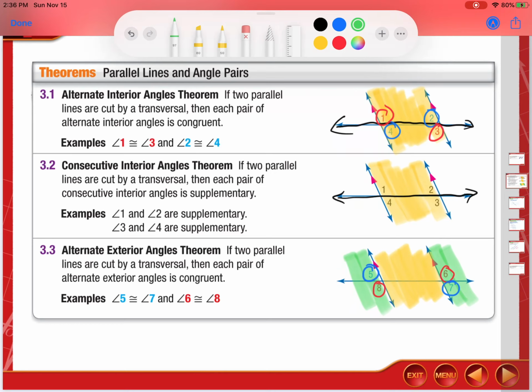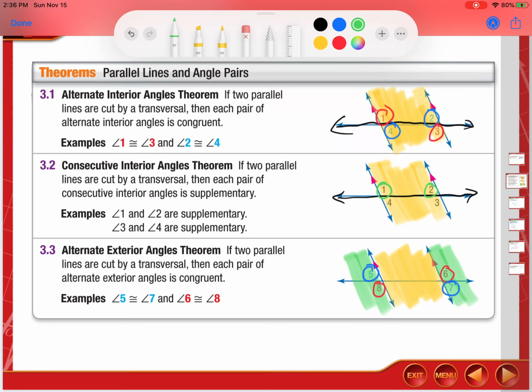So if we have two of them on the inside, on the same side of the transversal, both on the interior, such as angles 1 and 2, what this says is that they are supplementary. They add up to equal 180 degrees, which we know because we have one acute, one obtuse.